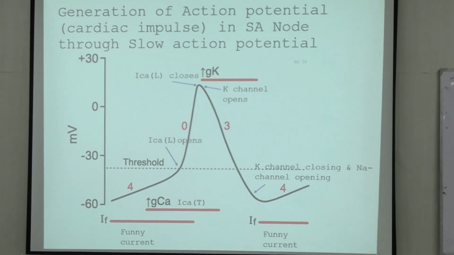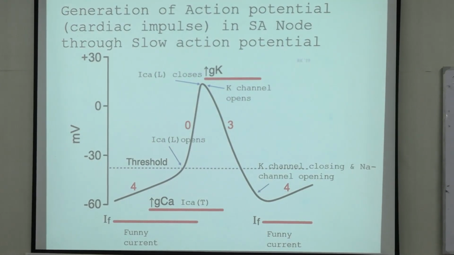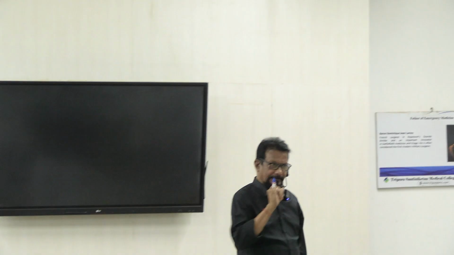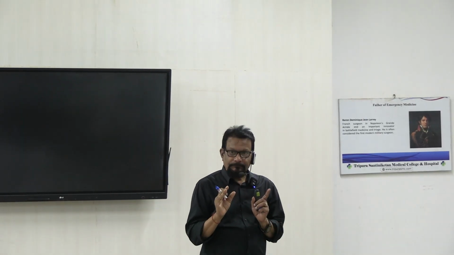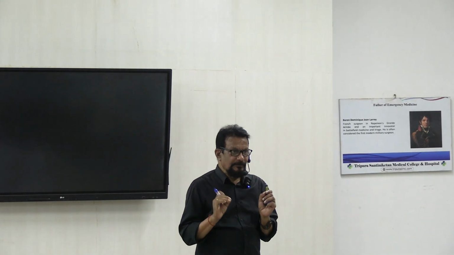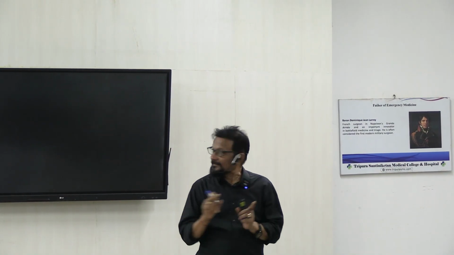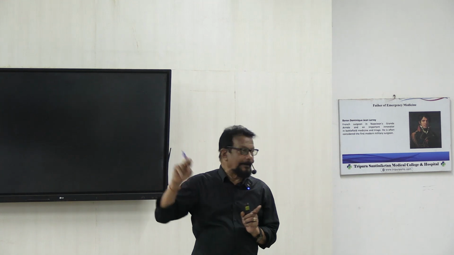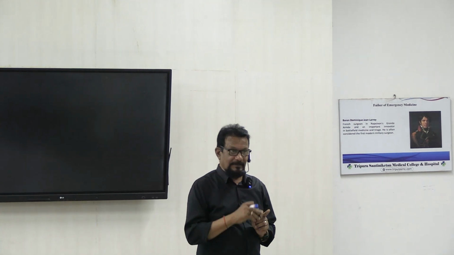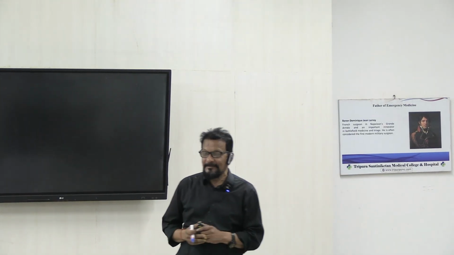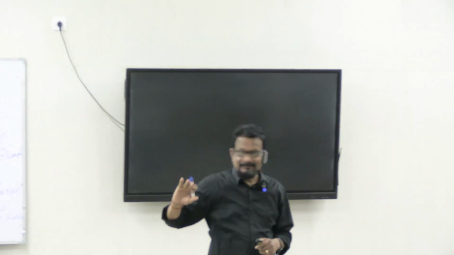SA nodal cells means pacemaker cells. The membrane of these pacemaker cells is unique. They have some unique channels, and because of these channels, these cells can develop their own cardiac impulse. Because of the presence of these channels, you won't find any resting membrane potential.